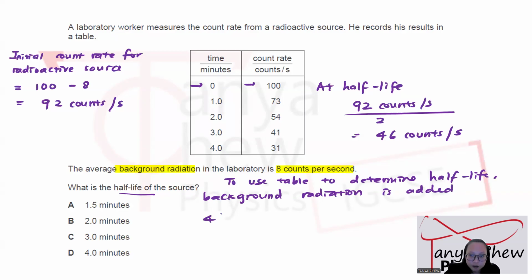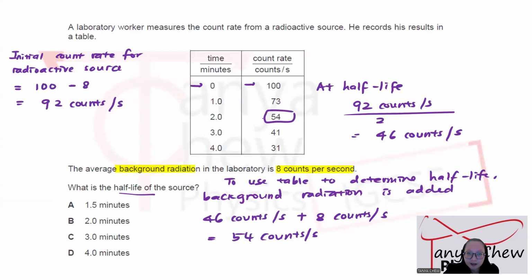So you take 46 counts per second plus the background radiation, which is 8 counts per second. So you will end up getting 54 counts per second. 54 counts per second, the time taken is 2 minutes. So the half-life of the source is 2 minutes. That is how we do it.